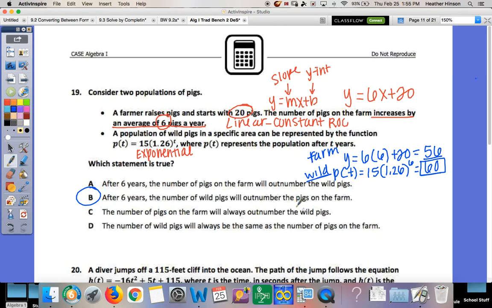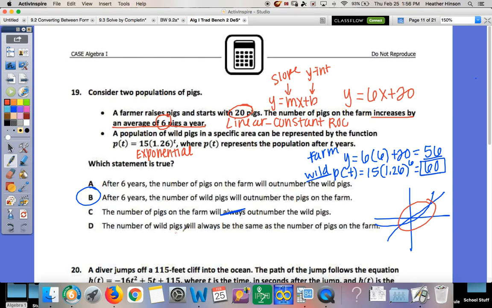So your farm pigs will not always outnumber your wild pigs. It's only that one little bitty section in the middle, because it looks like this, if you couldn't really tell. So just this little bitty section in the middle is where your farm outranks your wild pigs.